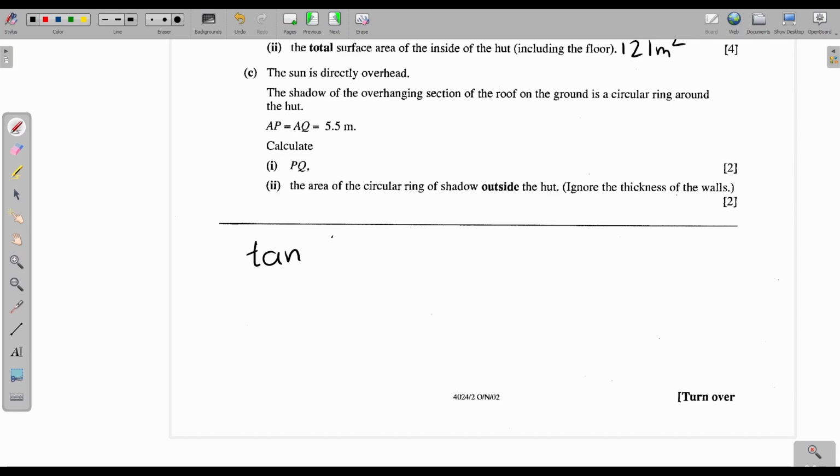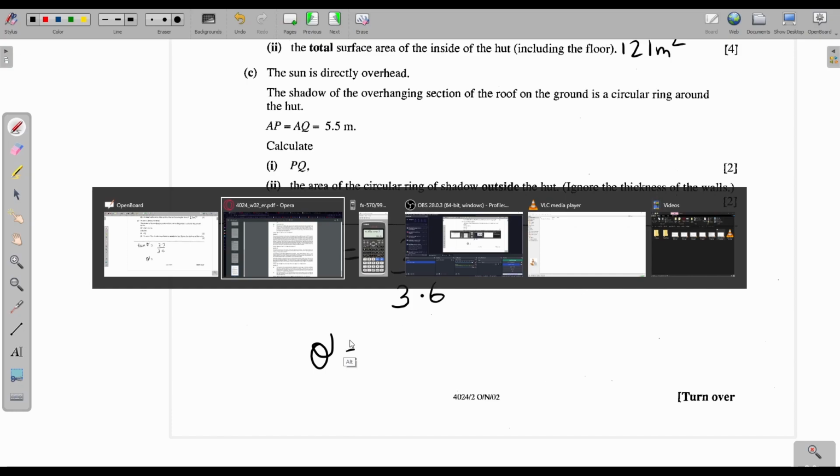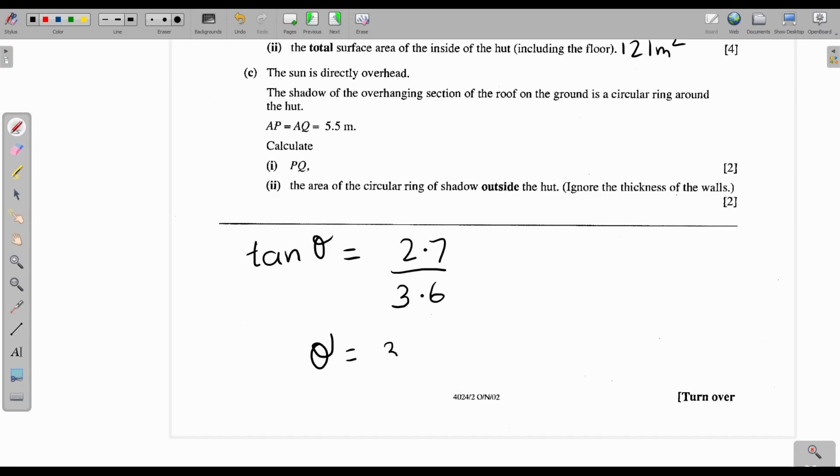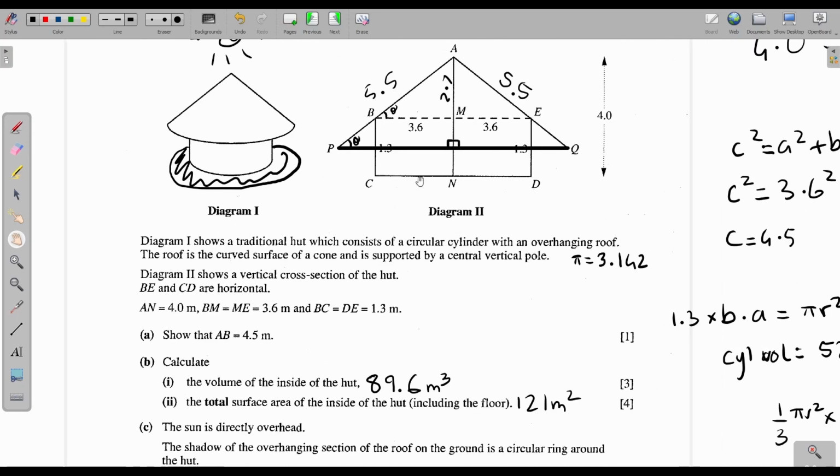So tan of theta is equal to 2.7 opposite over 3.6, and that means theta would be equal to tan inverse of 2.7 over 3.6, although it'd be the same as 27 over 36. I'm going to do it exact. And that is 36.9, or 36.87 is what I'll take.